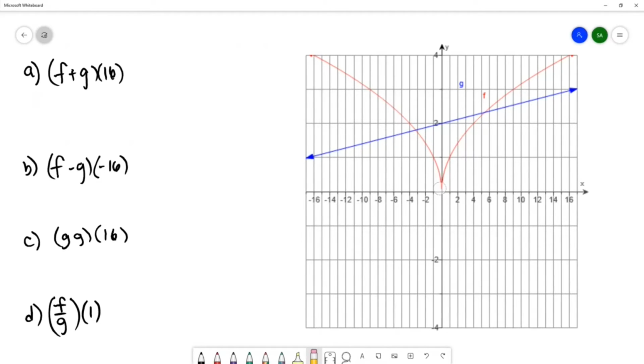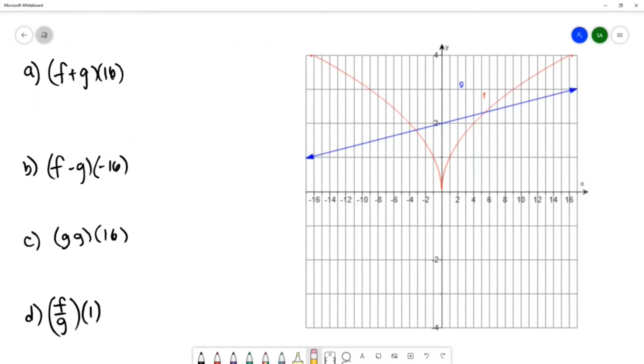Looks kind of similar to an absolute value graph, but you can see that the line is curvy instead of straight. In this blue graph, we have a straight line, and that is labeled G. So this curvy one with the cusp is labeled F, and the straight line is labeled G.